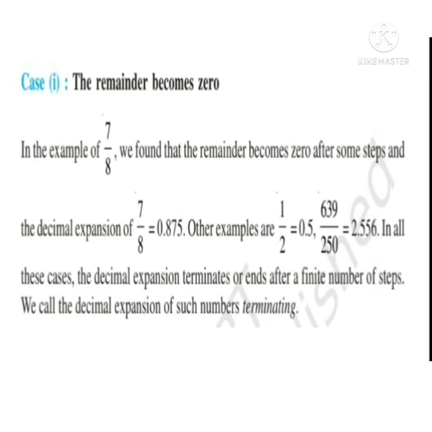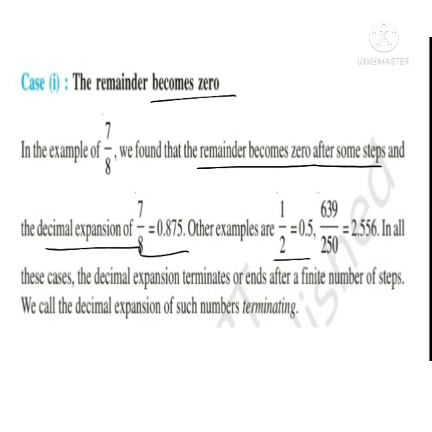So in case 1, when the remainder becomes 0, for example in 7 by 8, we found that the remainder becomes 0 after some steps, and the decimal expansion of 7 by 8 is 0.875. In another example, as we discussed earlier, 1 by 2 is 0.5.